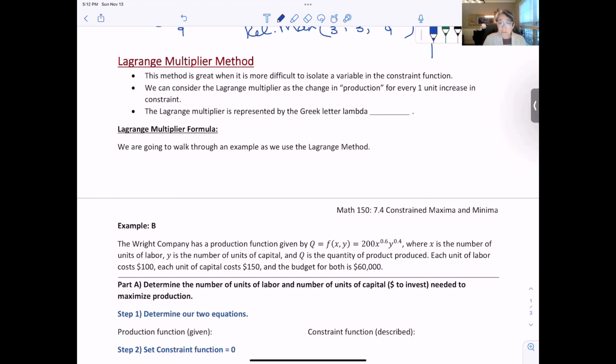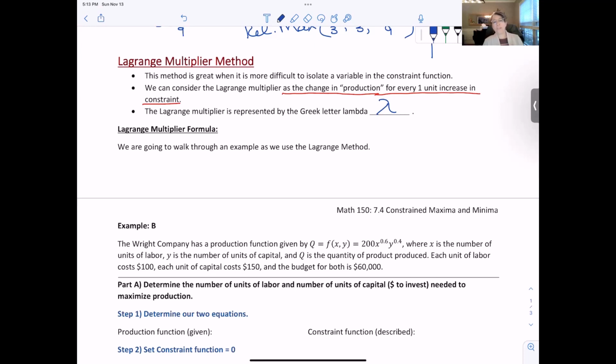The Lagrange multiplier itself, think of it as the change in production for every 1 unit increase in the constraint. So if your constraint is a budget, then if we increase the budget by $1, how will that affect our production? We use a Greek letter called lambda, which looks like this.